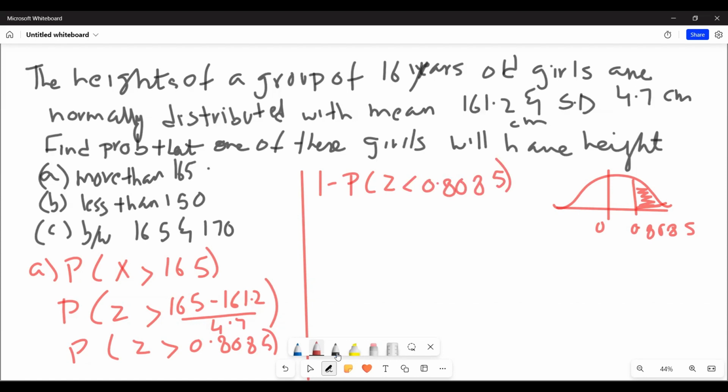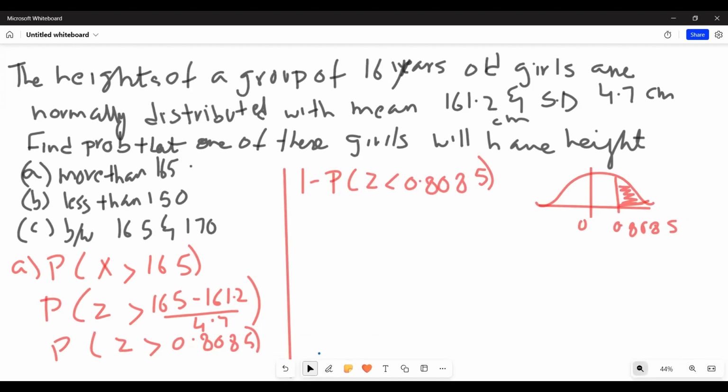Now let's read it from the table. I think I need to copy the table again.